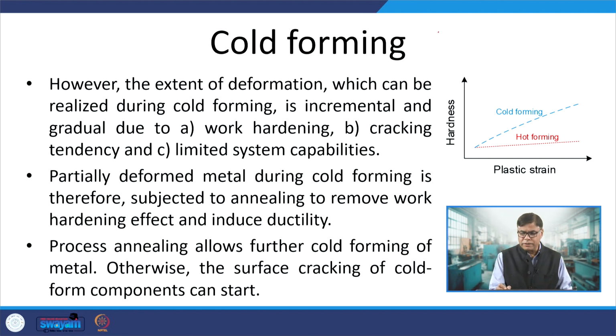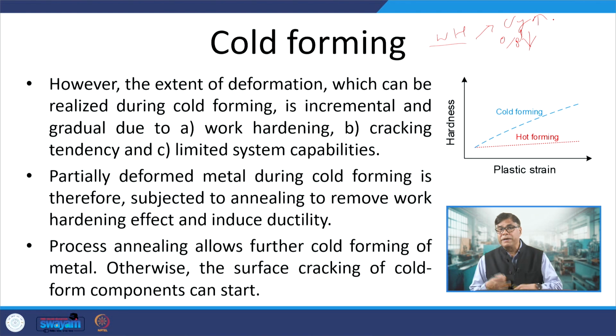Under cold forming conditions, when plastic deformation takes place, there will be work hardening, which in turn leads to an increase in yield strength and a drop in percentage elongation. So ductility is coming down and yield strength is increasing, which will make cold forming in later stages difficult. And when the drop in ductility is significant, it can increase the cracking tendency.